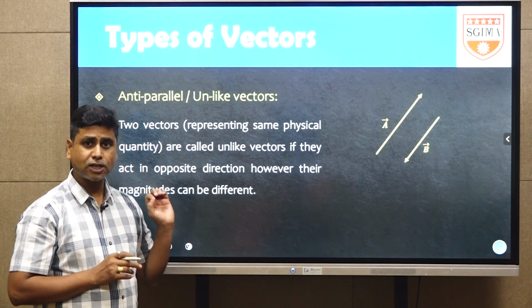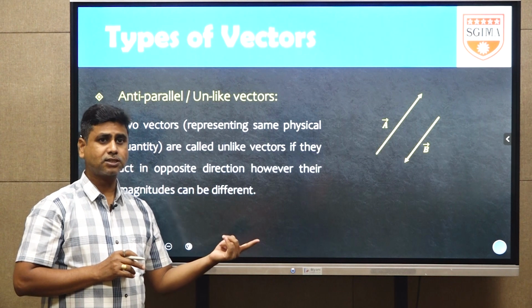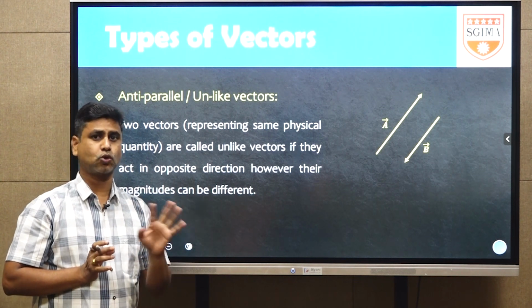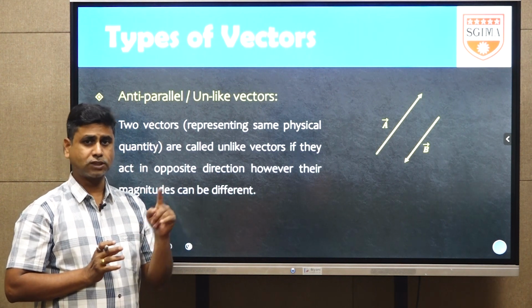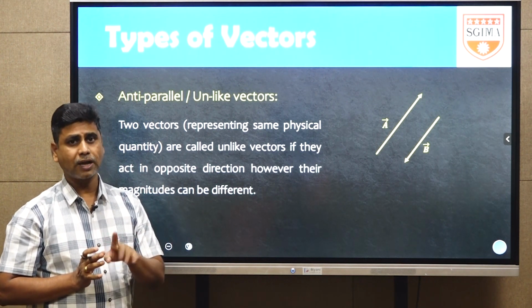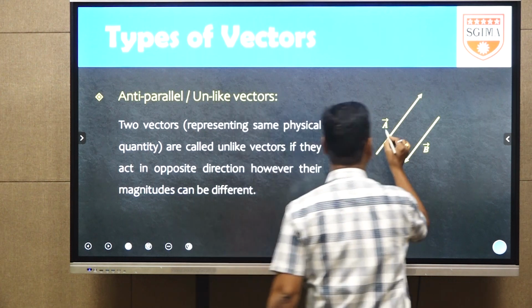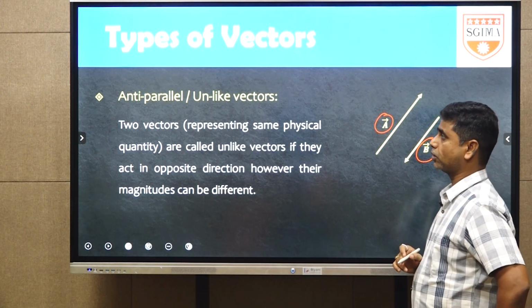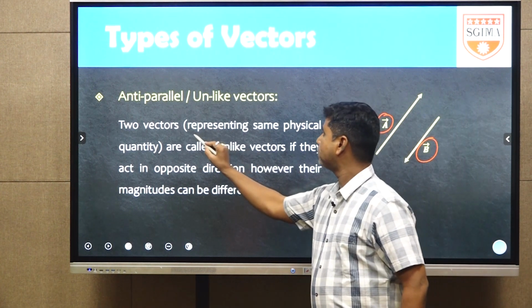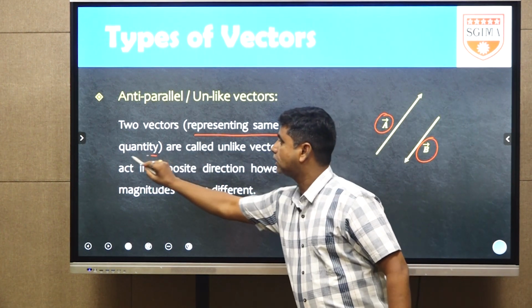If one is velocity, the other is also velocity. If the first is acceleration, the second is also acceleration. This A bar represents an acceleration vector, and B bar also represents an acceleration vector. That is what representing the same physical quantity means.